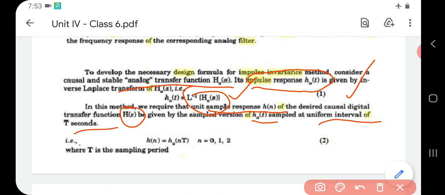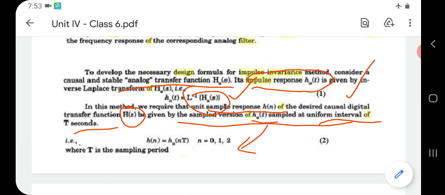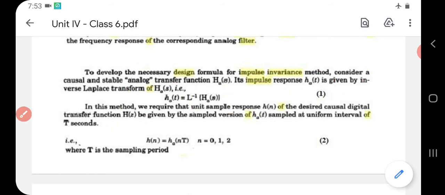So h(n), the unit sample response of the digital filter, is equal to h_a(nT), where T is the sampling period and n is an integer ranging over 0, 1, 2, and so on.